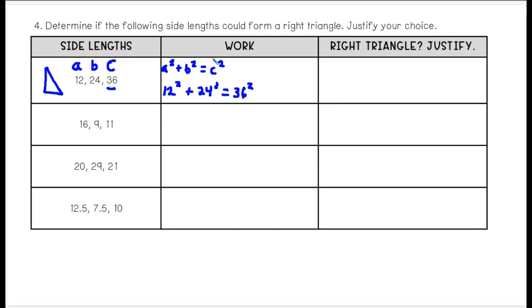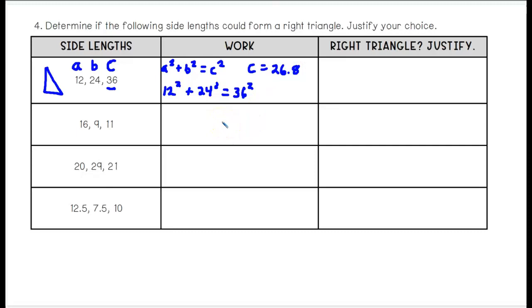And 24 squared is 576. I add those together, I get 720. And so I'll take the square root of that. Square root of 720 is going to be 26.8. So that's going to be C is equal to 26.8.